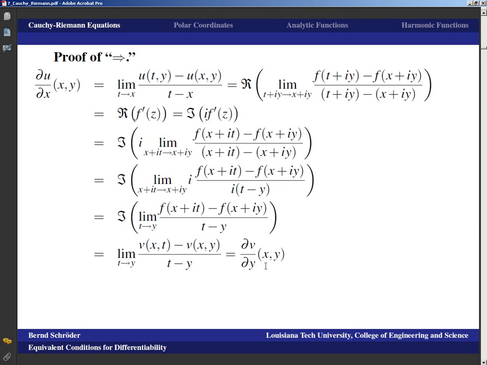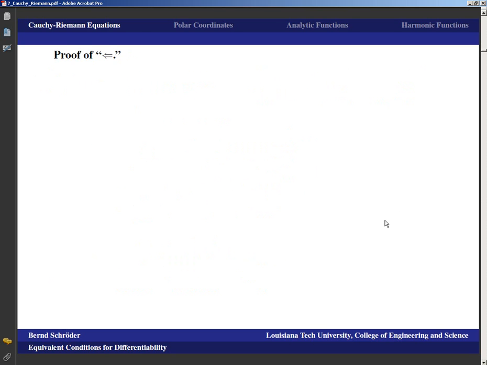So this is dv/dy at (x,y), and that's the first Cauchy-Riemann equation. The other equation is proved similarly. We're not going to force our way through that. That may well even again be a homework problem where we just have to make sure that the negative sign comes out the right way, but the approach is exactly the same as here.